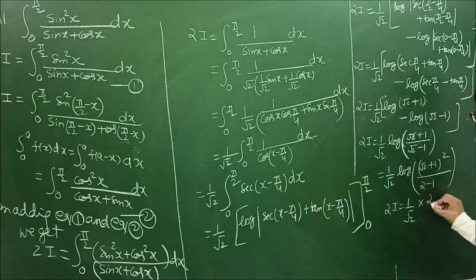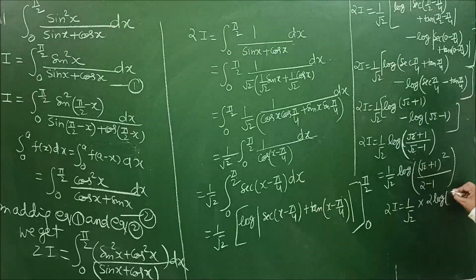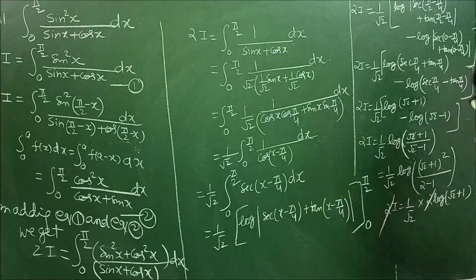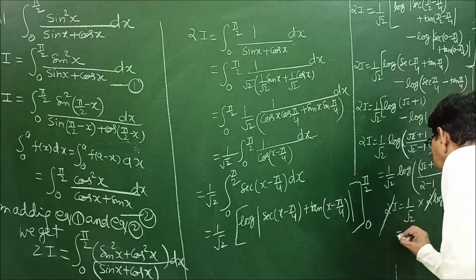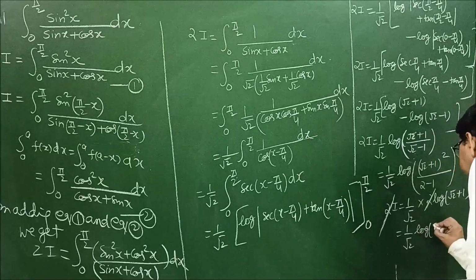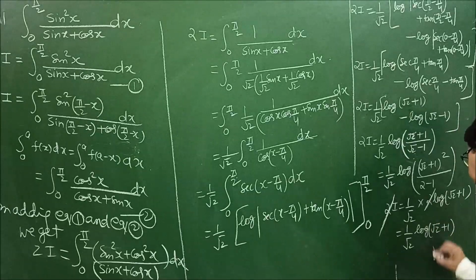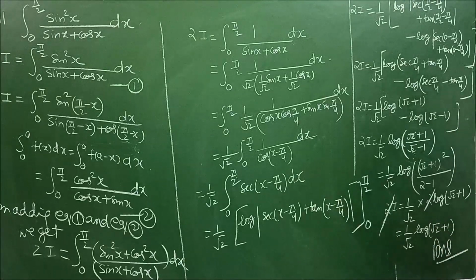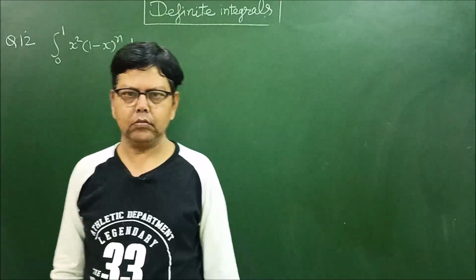This 2 and 2 cancel here. So the final answer is 1 upon root 2 log of root 2 plus 1. So this is the final answer of this question.